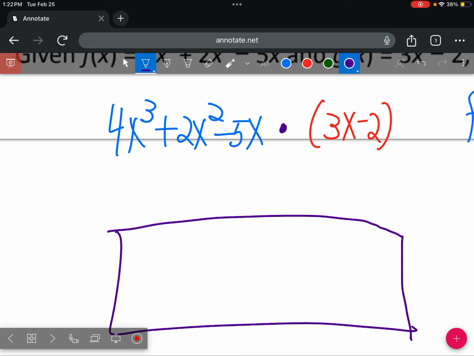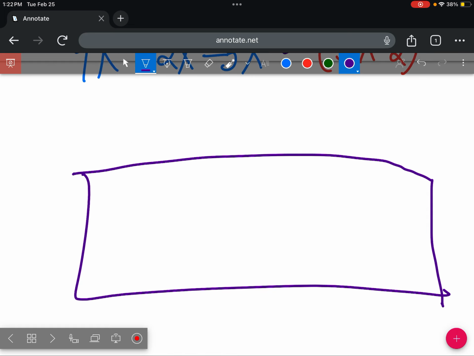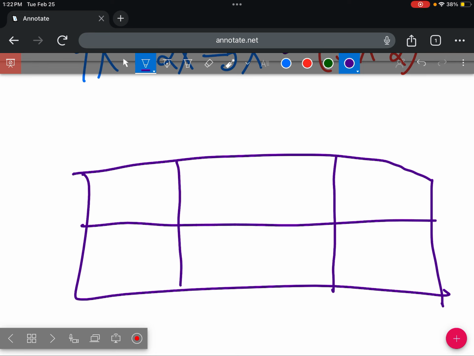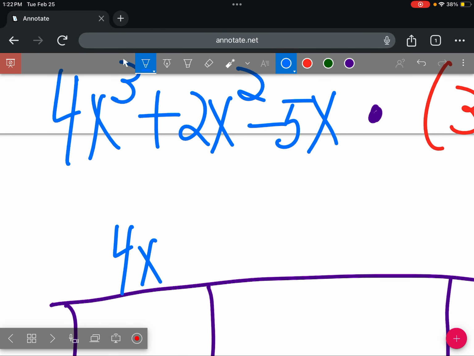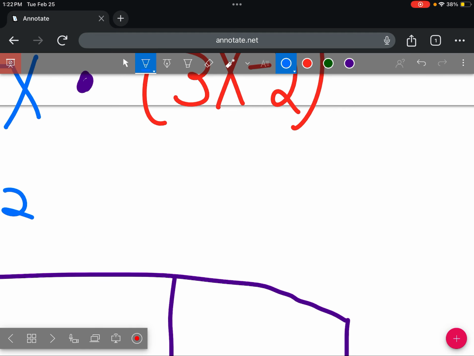You either need to make 2 columns and 3 rows or 3 columns and 2 rows. So on the top, I could have my trinomial, 4x to the third, 2x squared, minus 5x.